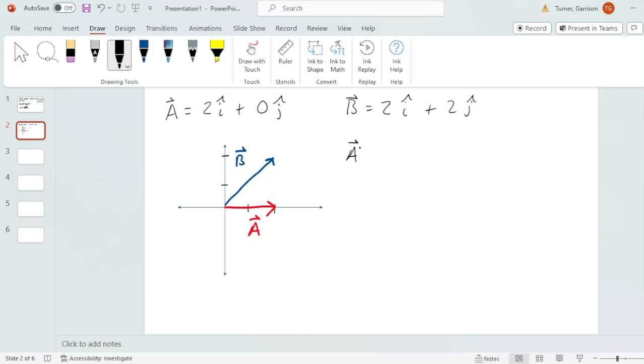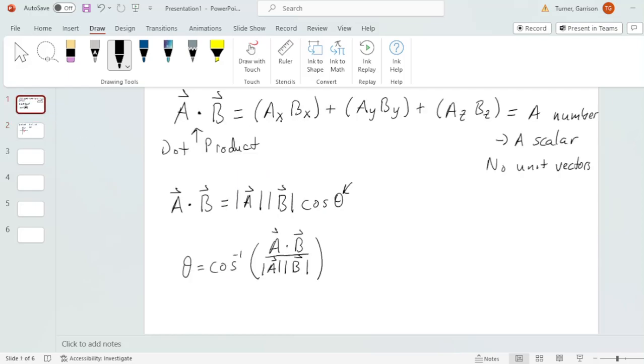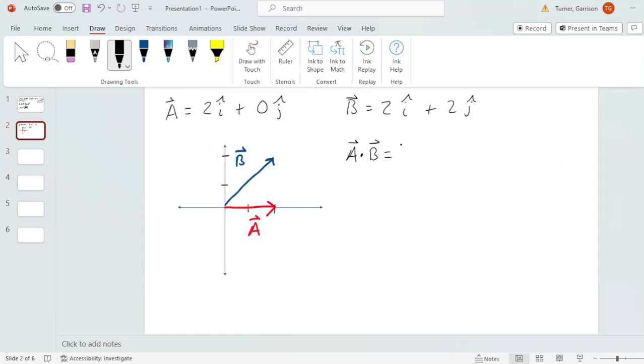If I want to compute the dot product between these, very straightforwardly, if we go back to the slide, my x components multiplied together, then my y components multiplied together, and then the sum of those. So this is ax, this is ay, this is bx, and this is by.